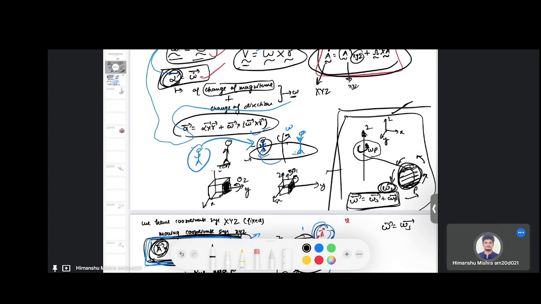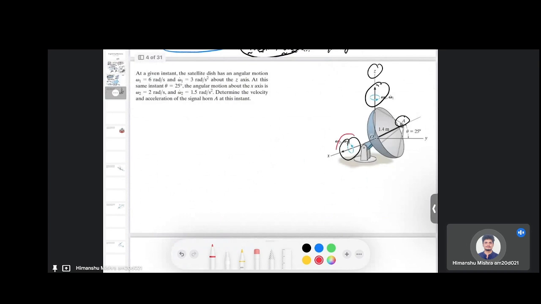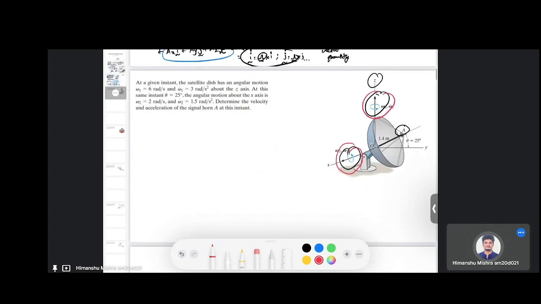It has both angular motions: an angular motion about the x axis, and an angular motion about the z axis. And we need to determine the velocity and acceleration of point A.